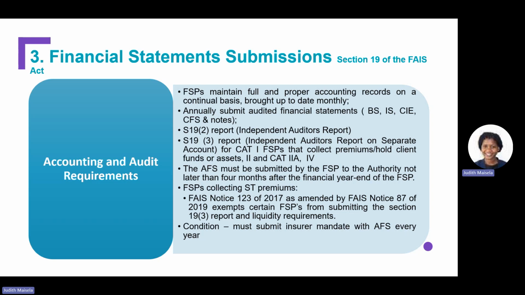For FSPs that are collecting short-term premiums, there is a FAIS Notice 123 of 2017 as amended by the FAIS Notice 87 of 2019, which exempts certain FSPs from submitting the Section 19 report and liquidity requirements. One of the conditions to the exemption is that an FSP must submit their insurer mandate with their annual financial statements every year.